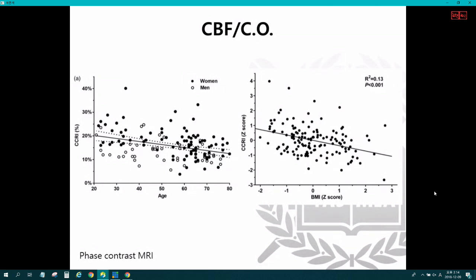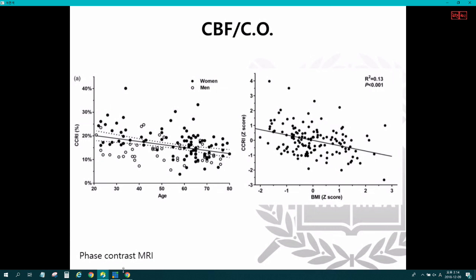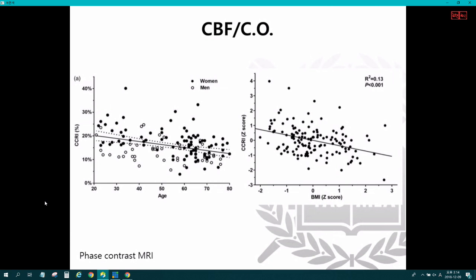They used an ingenious phase contrast MRI technique. They calculated this cerebral-to-cardiac output flow index, and it was 12%. So it was correct.